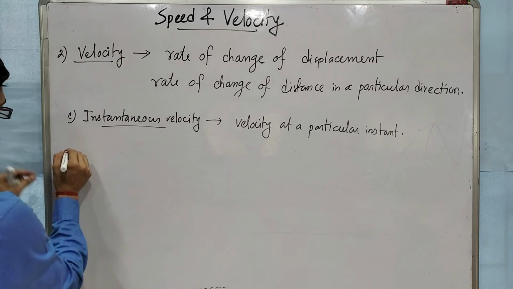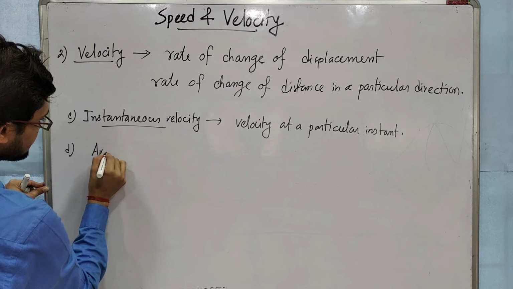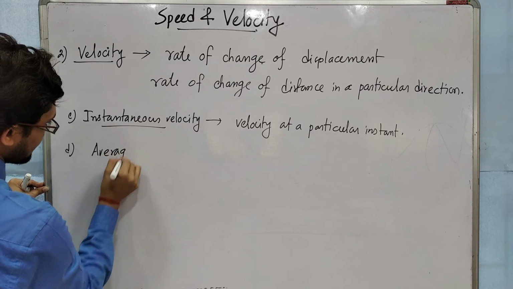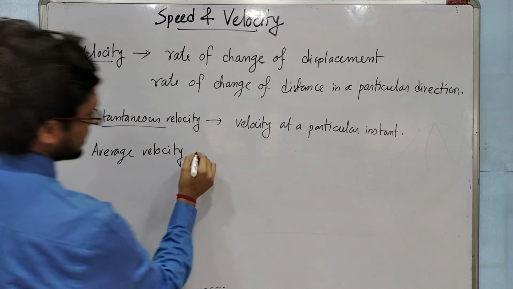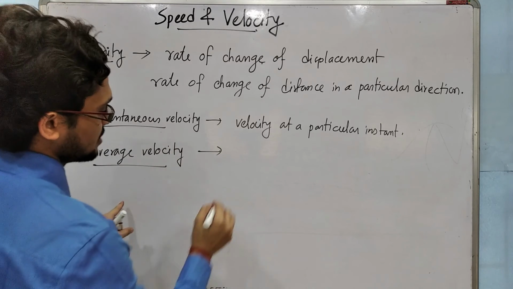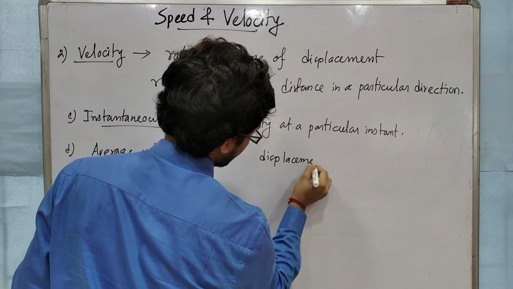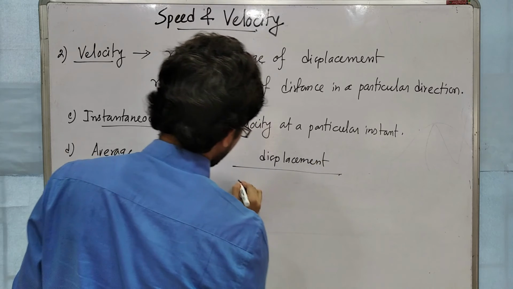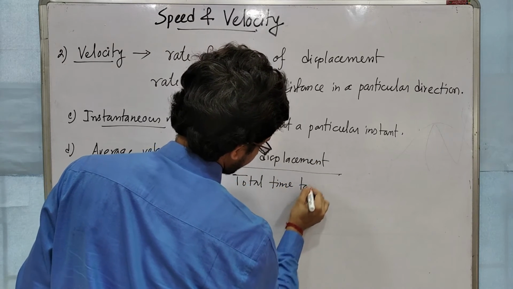And fourth one, average velocity. This is very, very important. Average velocity means displacement by total time taken.